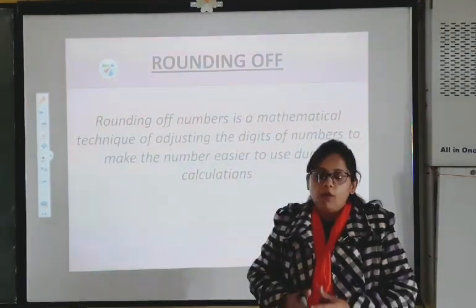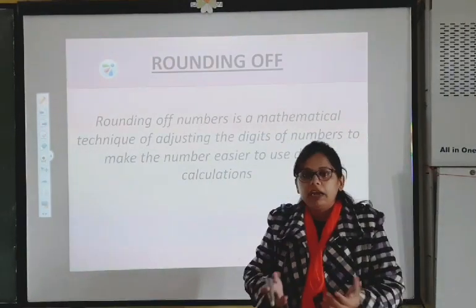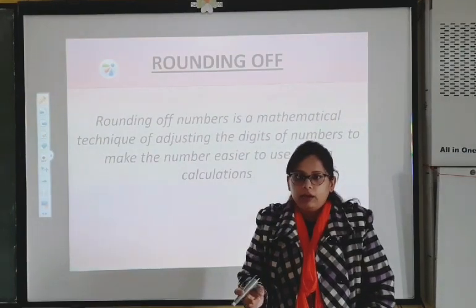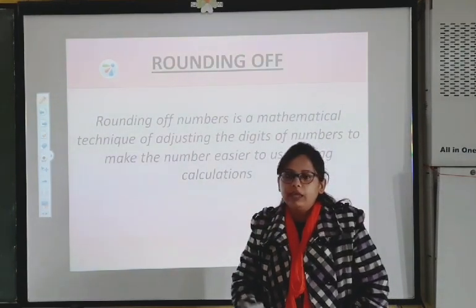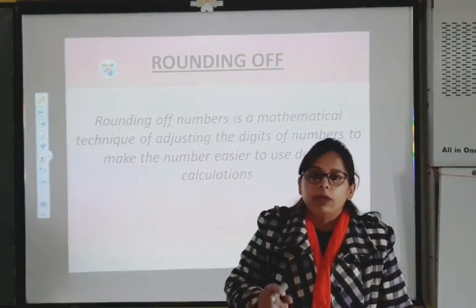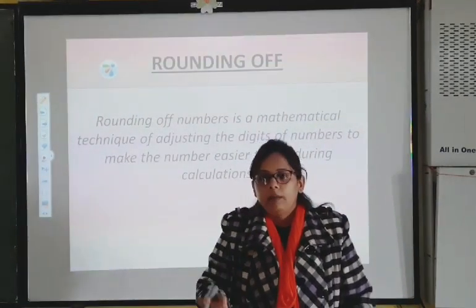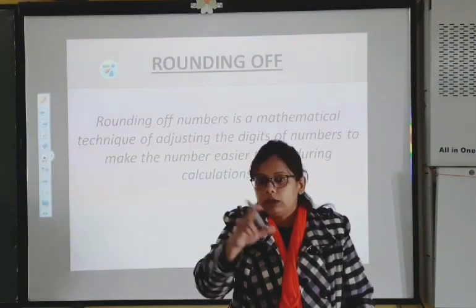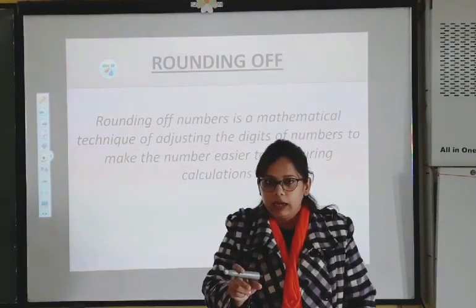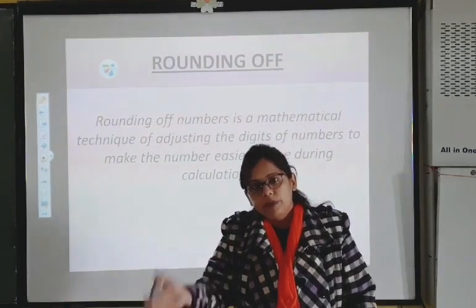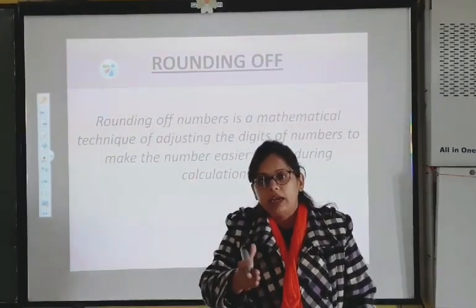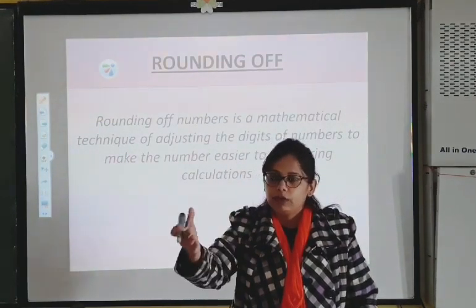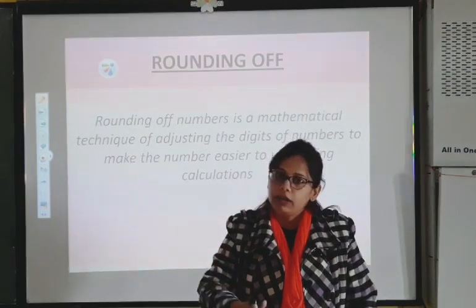calculation. For example, I will explain this definition through an example. If you have to add 49 and 52, then you will need a paper and a pen. But if you round off the figure, 49 will become 50 as 49 is nearest to 50, and 52 is nearest to 50, so 52 rounds down and it will also become 50.